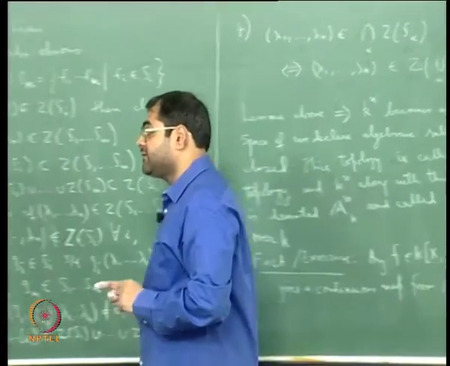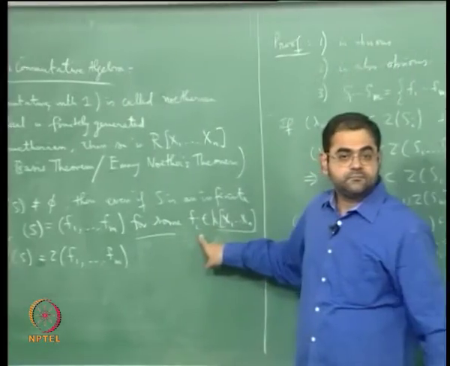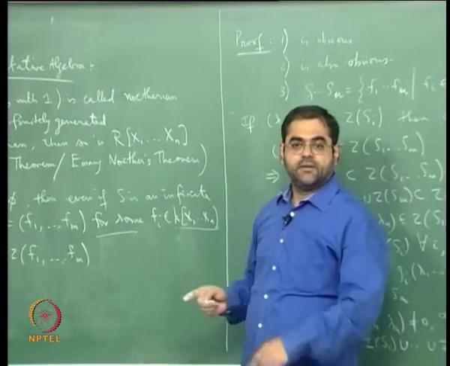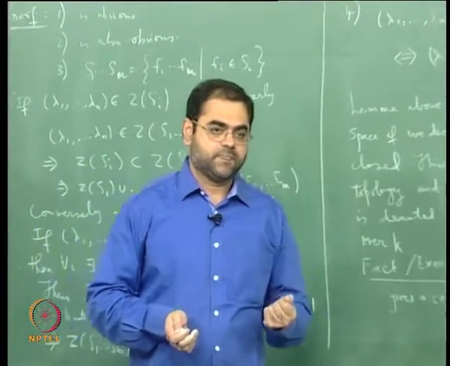In fact you may ask, when I write here for some Fi, it seems as though these Fi are very abstract, that you cannot catch them, but that is not true.